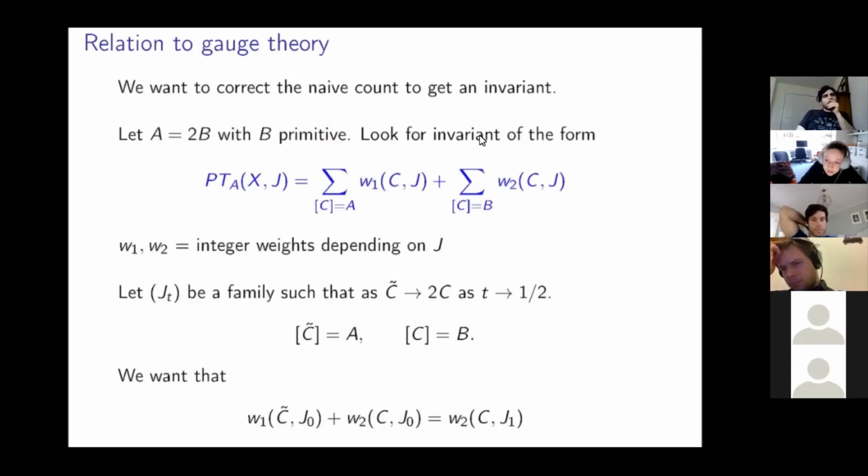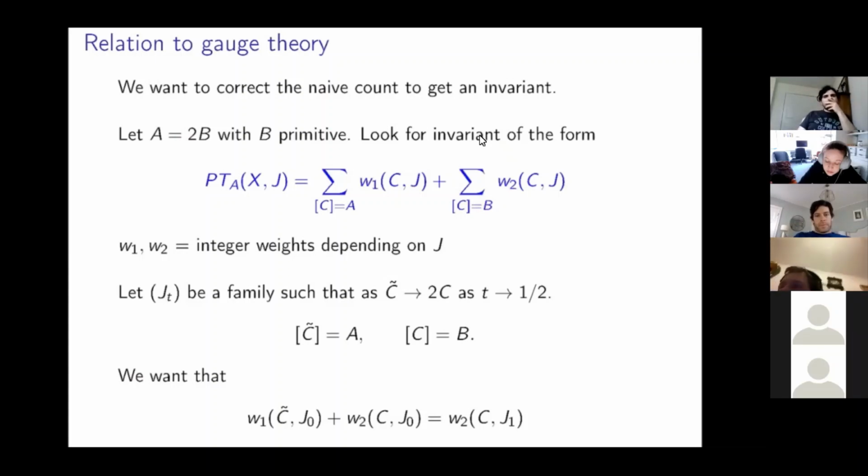And then you correct it with the count of curves in a homology class B, so A over 2, with some other weight. And crucially, I should allow these weights to depend on J.